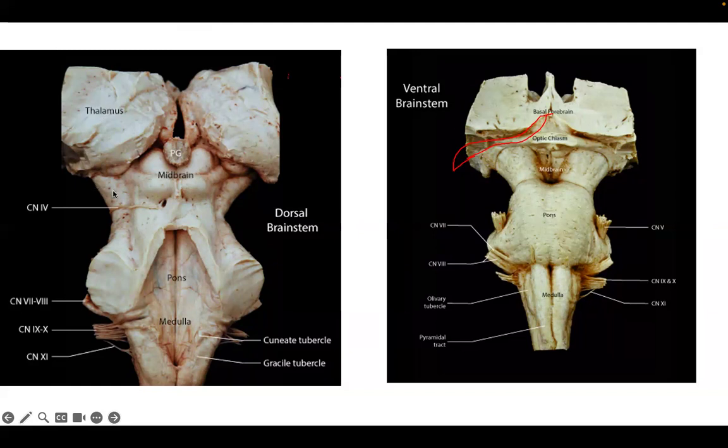Okay, so the brainstem is important in the sense that it serves as the part of the brain that obviously directs the tracts from the cerebrum and the diencephalon down to the spinal cord. It also connects the cerebrum to the cerebellum.